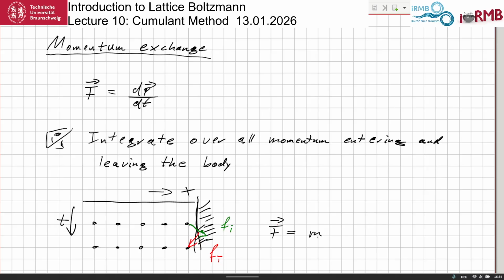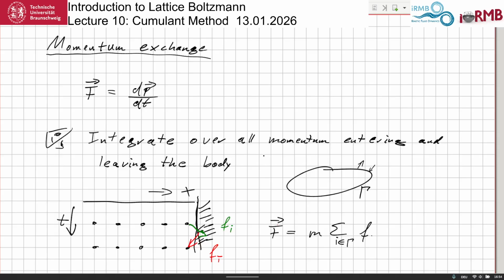So you have a mass in principle, and then you sum over all the i on the boundary. I now indicate the boundary as gamma. So everything that goes in and out of the boundary gamma. So i in gamma means not for one node, but for all the nodes that enter here.